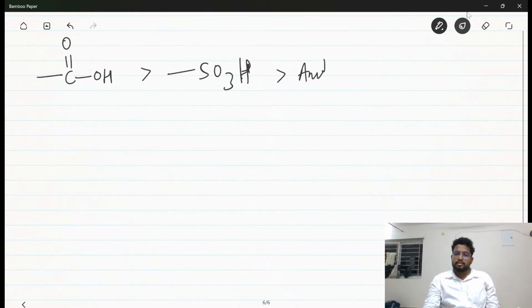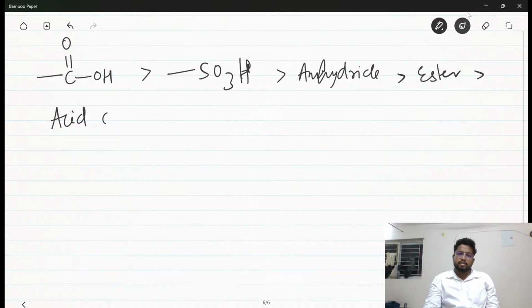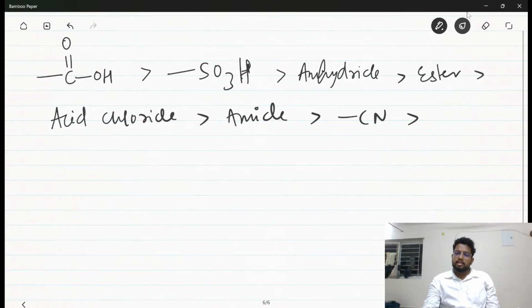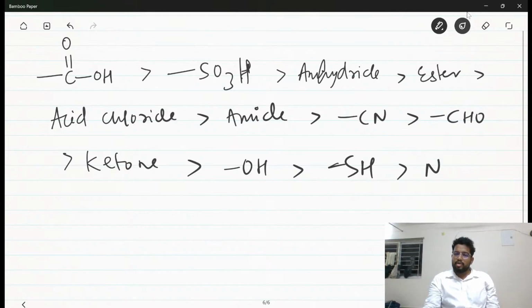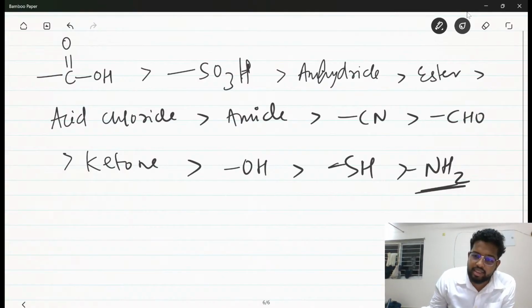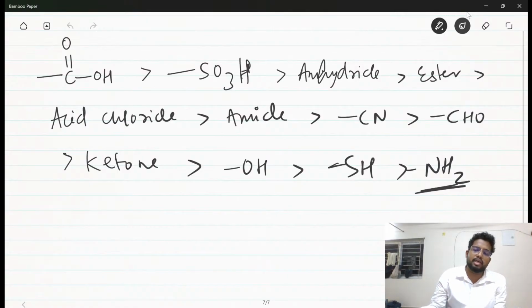Anhydride, ester, acid chloride, then amide, then cyanide, then aldehyde, then ketone, then alcohol, then thiol, then amine: primary, secondary, tertiary amines, and so on. So you see, aldehyde and ketones are way back in the functional group priority order. Aldehyde has more priority than ketone.